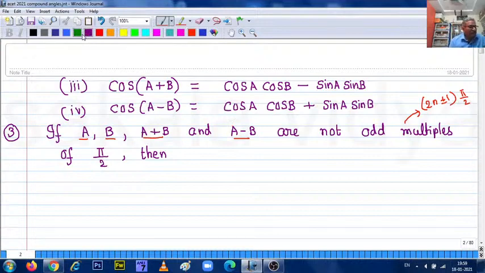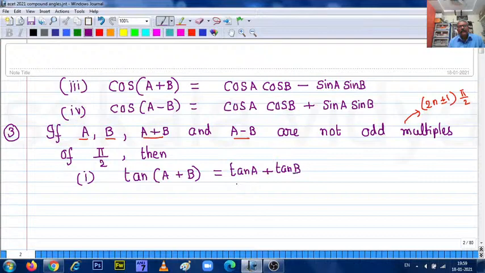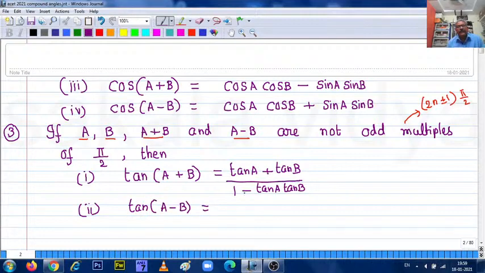What is the formula? The first formula: tan of A plus B equals tan A plus tan B upon 1 minus tan A tan B. Now the second formula: tan of A minus B is equal to, in the numerator the minus sign, in the denominator the plus sign.